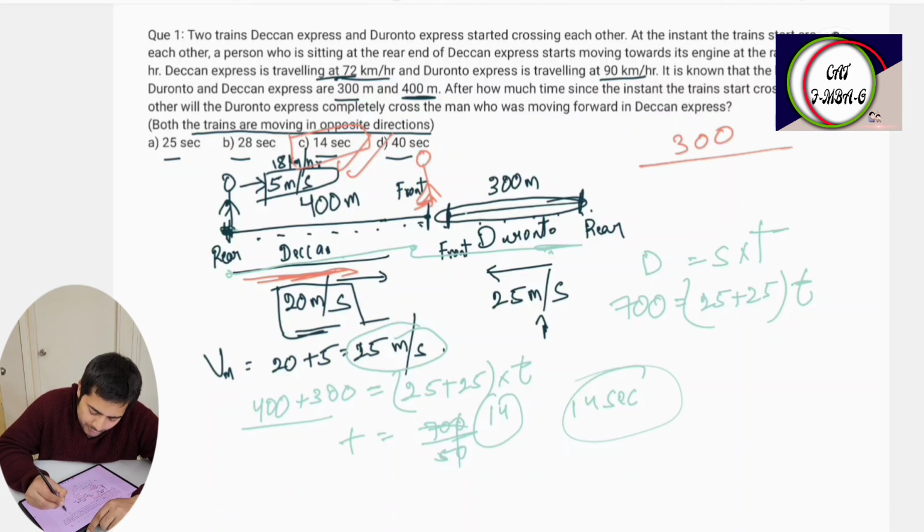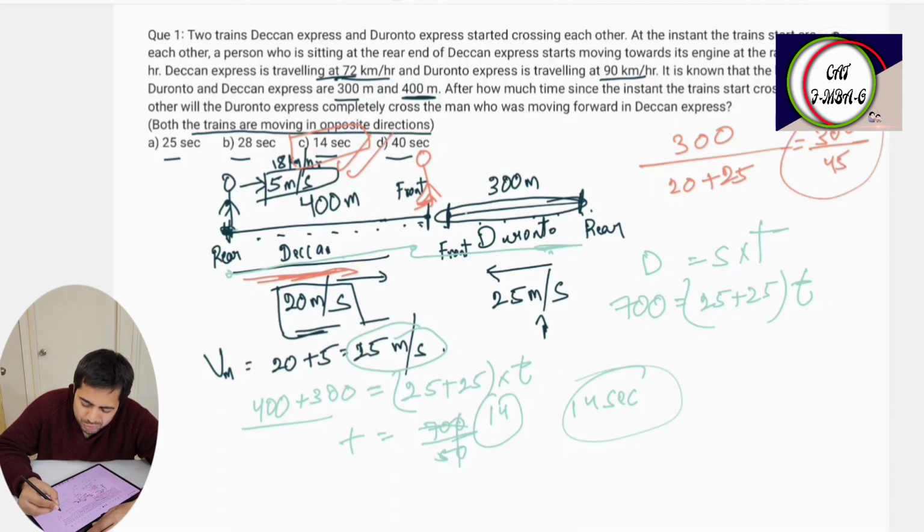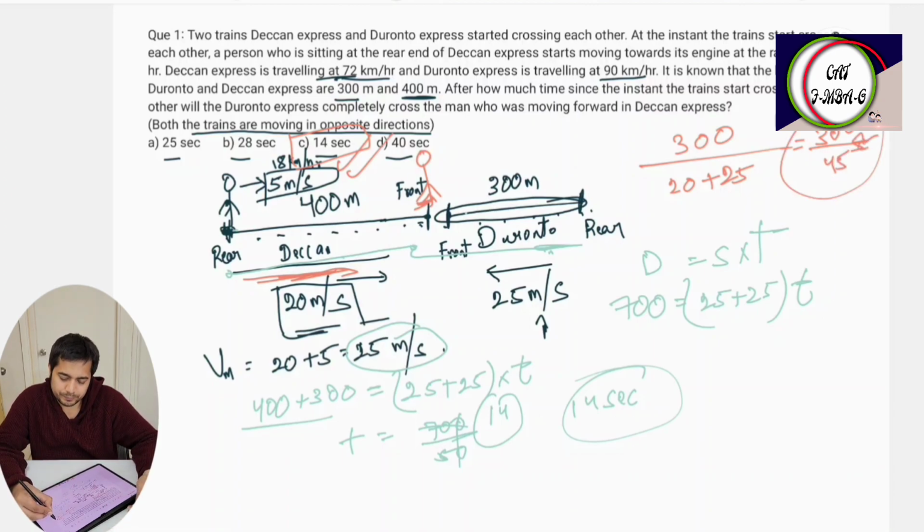So it will be 300 upon 20 plus the velocity of Duranto, 25, because it is moving in the opposite direction. So it is 300 by 45. You could have calculated it in seconds.